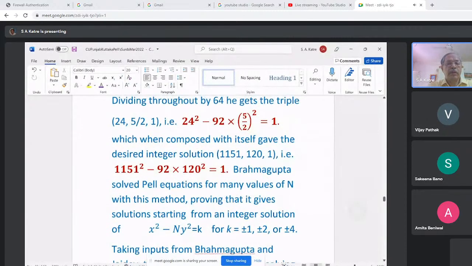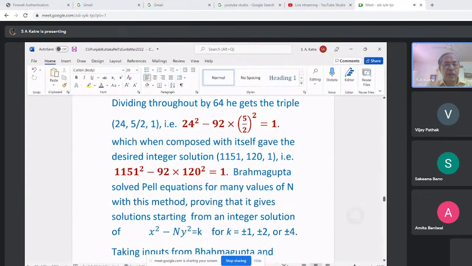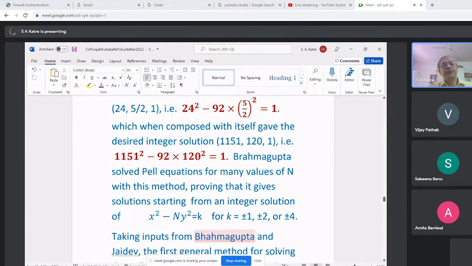In many equations, what he did, somehow he reduced the equation to the equation where the right hand side is plus minus 1, plus minus 2, plus minus 4, and after that he used this repeated composing with itself and so on, and then we can get it.